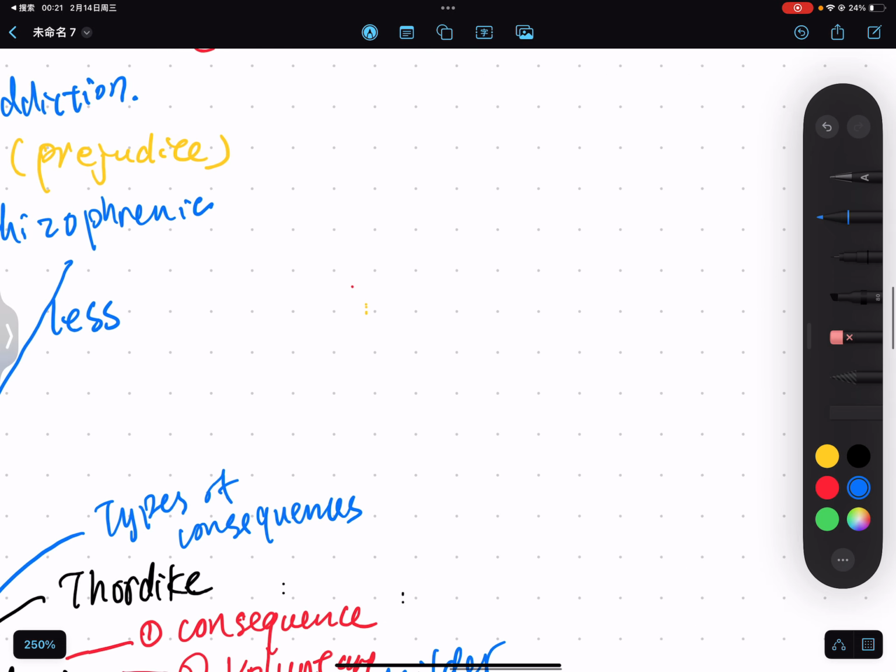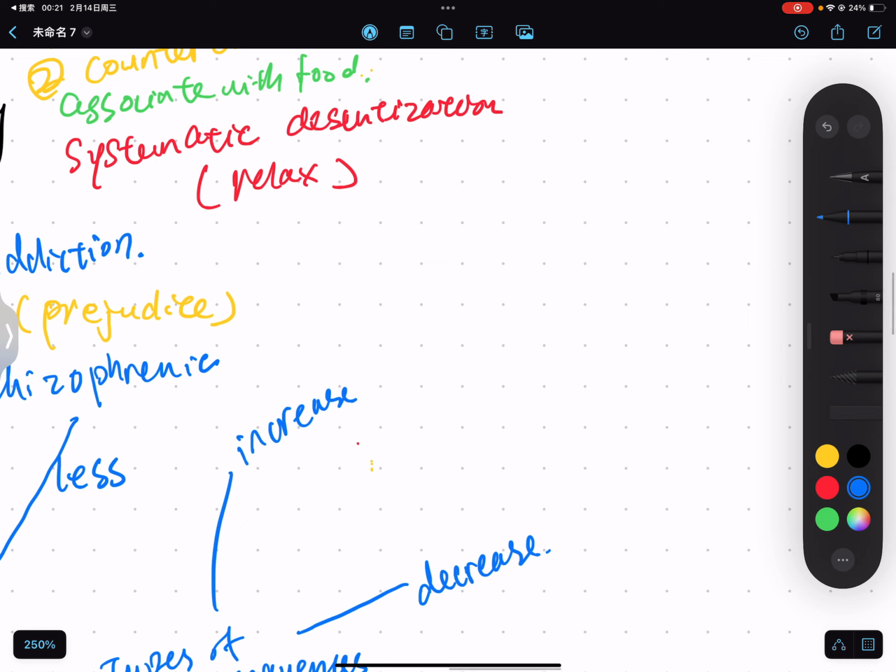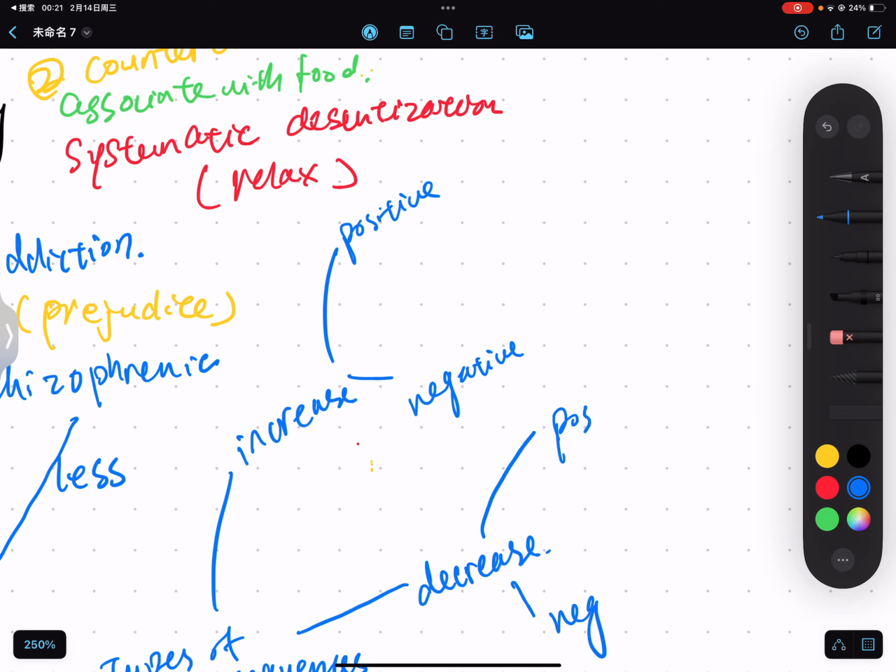We have things that increase behavior and things that decrease behavior. For increasing, we have positive reinforcement and negative reinforcement. Here positive and negative apply too. This is called reinforcement, and this is called punishment.